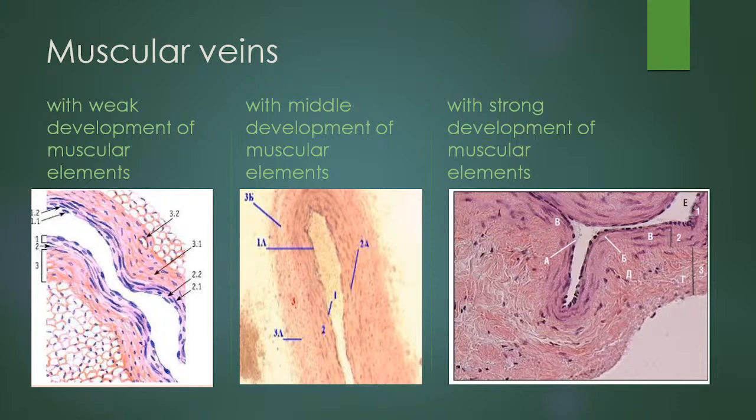First, Tunica Intima forms the valves and consists of endothelium. The subendothelial layer is weakly developed, and the internal elastic lamina is absent.